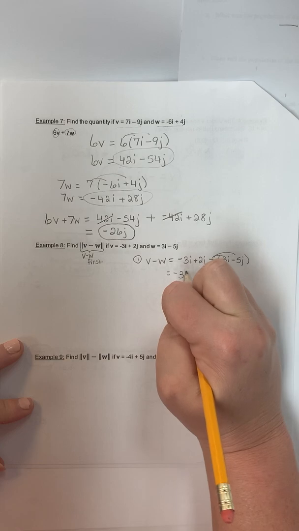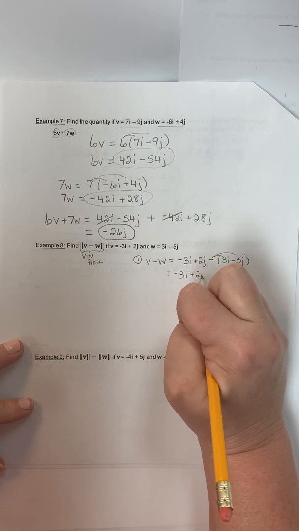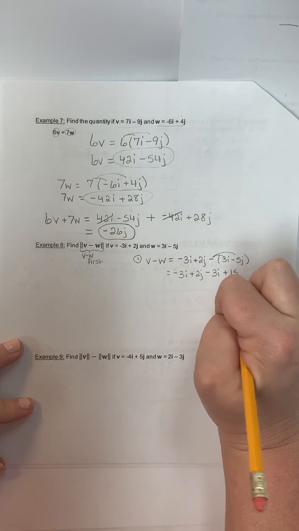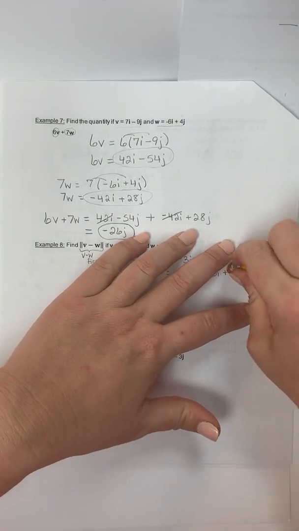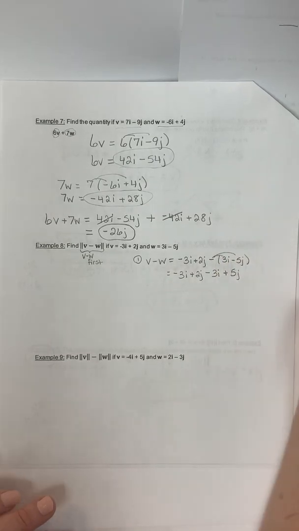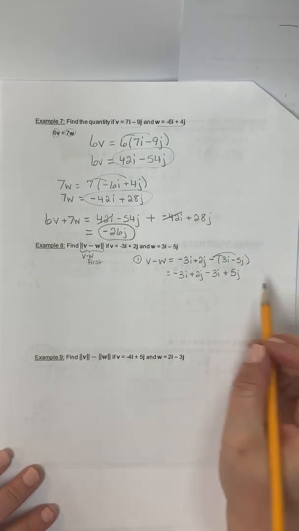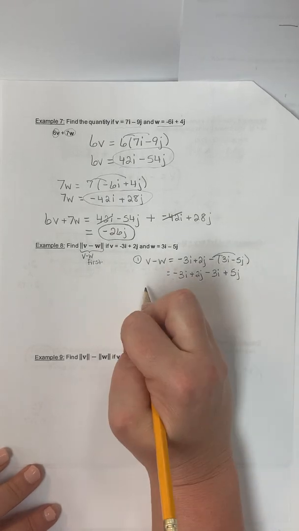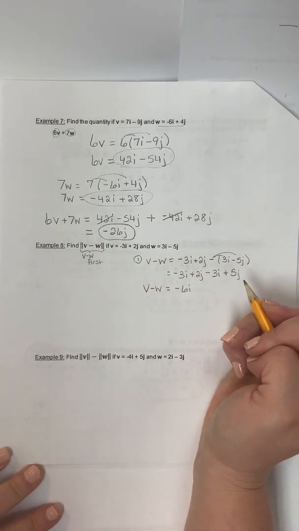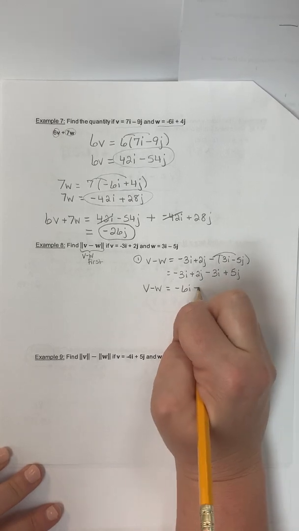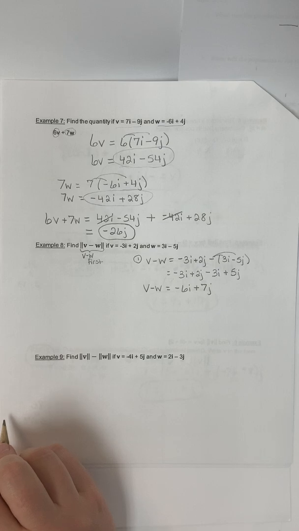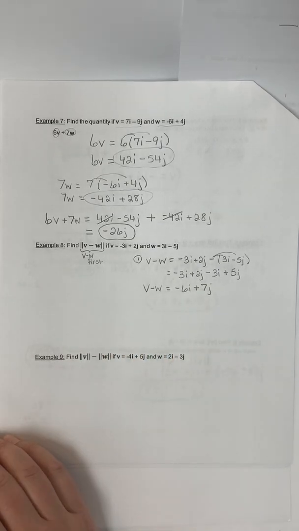So we're going to have negative 3i plus 2j minus 3i plus 5j. Watch your signs there. Negative 3i and negative 3i are negative 6i. 2j plus 5j, 7j. So now we have the vector v minus w.